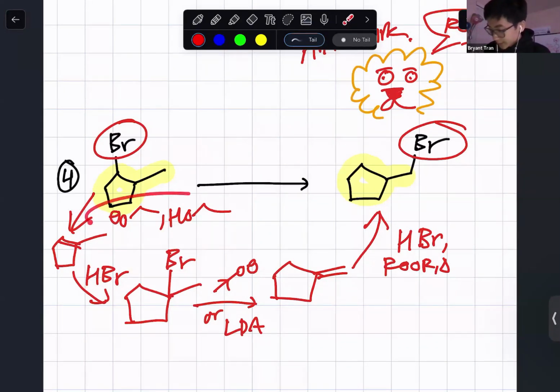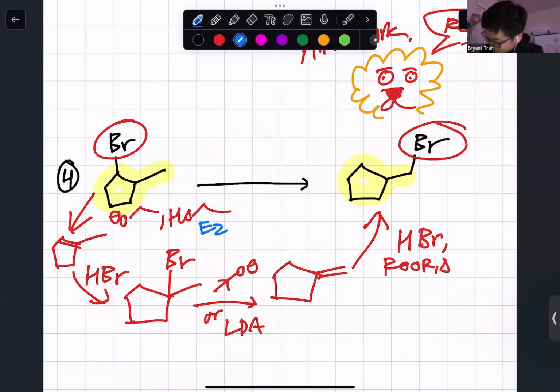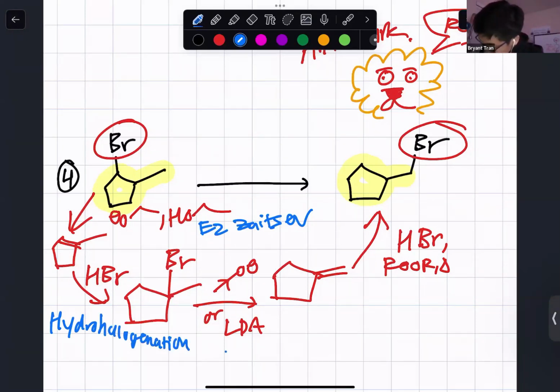But Helix loves these ethoxides here for E2 Zaitsev. Okay, so to summarize everything. The first step, E2 Zaitsev. Second step, hydrohalogenation or hydrobromination to be specific, or addition of HX. Third step, E2 Hofmann. And then last step, radical addition of HBr, ROR.